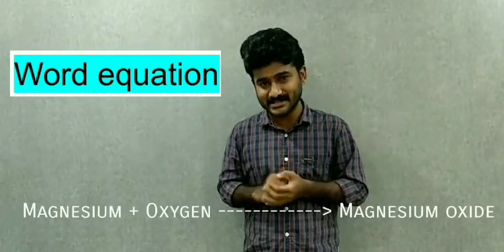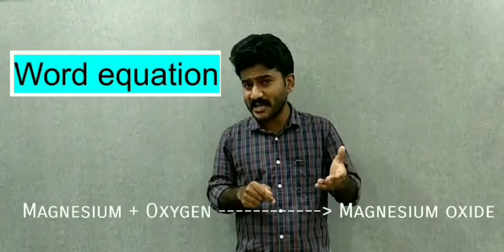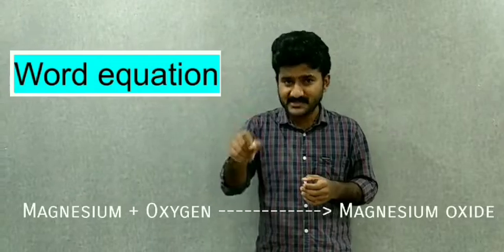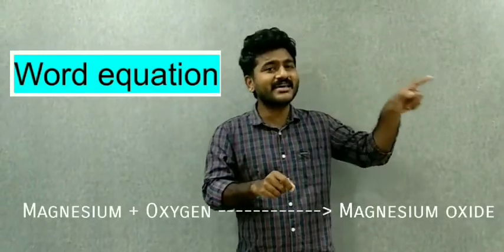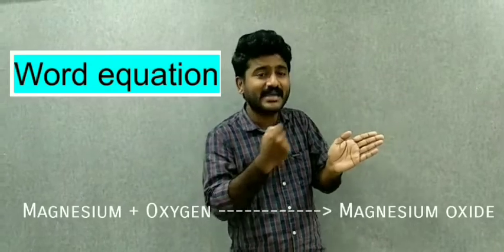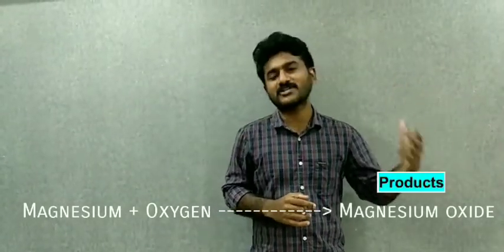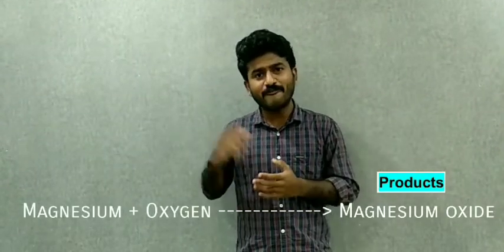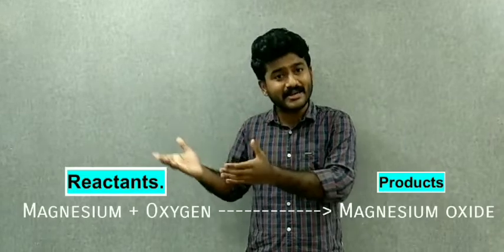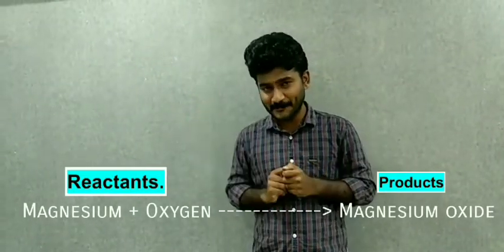It can be written like this: magnesium plus oxygen. Why are we taking oxygen? Because burning is happening. Magnesium plus oxygen yields, represented by an arrow, magnesium oxide, because that is the product. For representing reactants we use words, and for showing the reaction we use a plus sign.